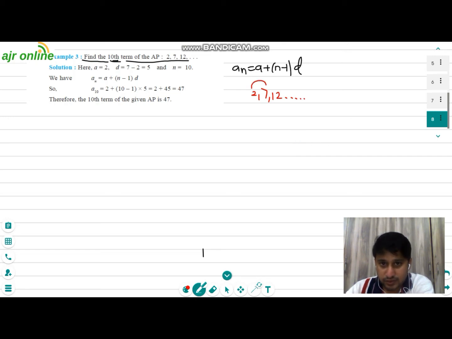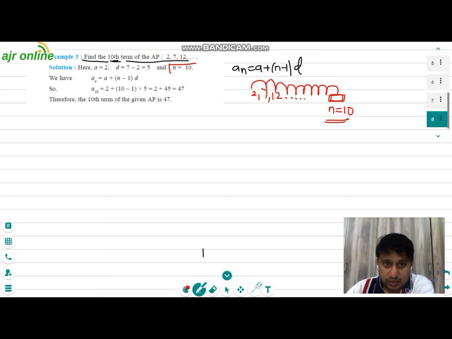This is the first term, this is the second term, this is the third term, and then the fourth, fifth, sixth, seventh, eighth, ninth term, and this 10th term you have to find. It means that you have to find the number which is at the 10th place. It means that n will be 10.